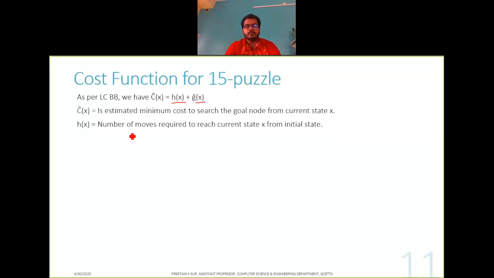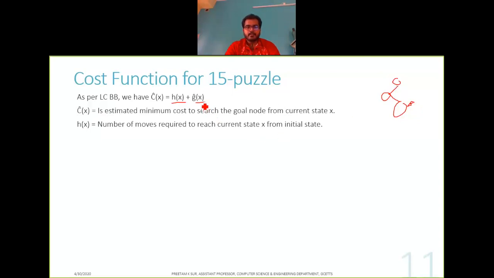So h of x gives you the number of moves required to reach the current state x from the initial state. From the initial state, in how many moves you have reached the current state gives you the value of h of x.